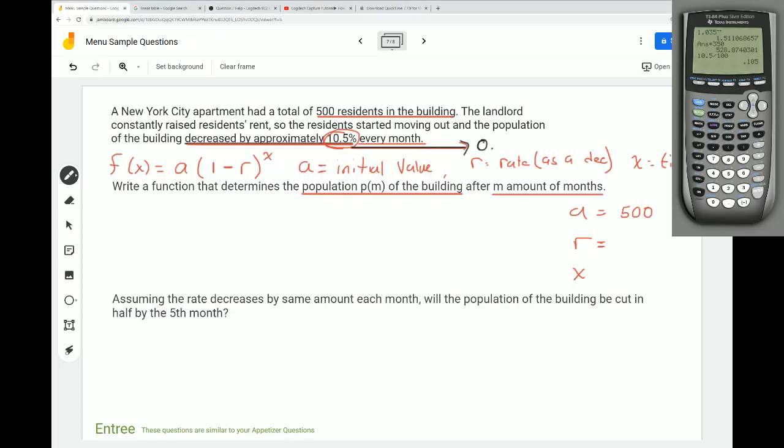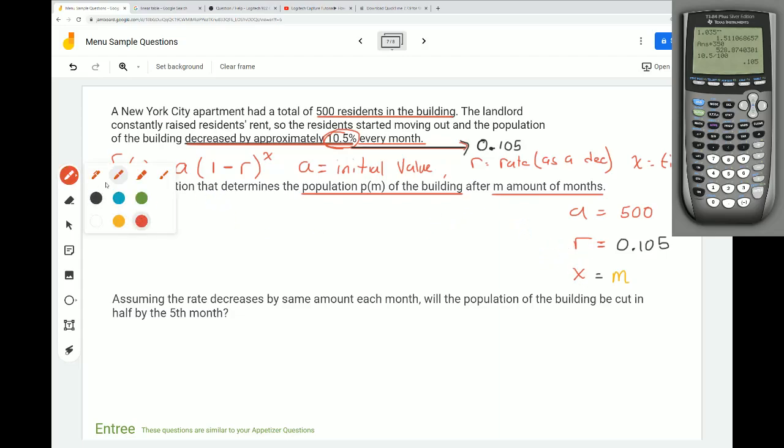So 0.105. Okay, so our rate is 0.105. And our x value. So in this example, they didn't give us the amount of time, but they said that M represents the amount of months. So M is going to be our time.